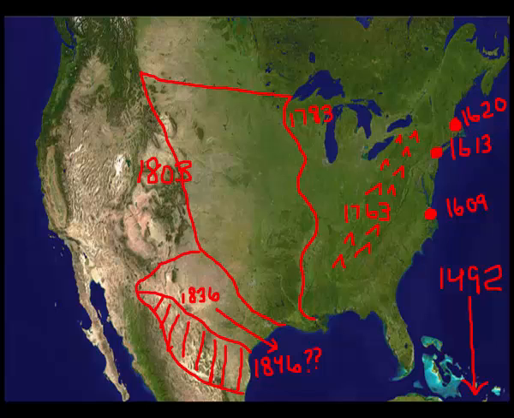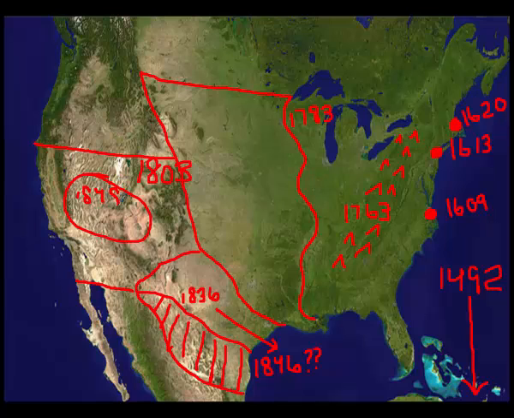And finally, the Mexican-American War is fought, and we not only gain what we thought was ours in the disputed territory, but we also gain pretty much from everything here to here, and all of this area in 1848 is the Mexican cession.